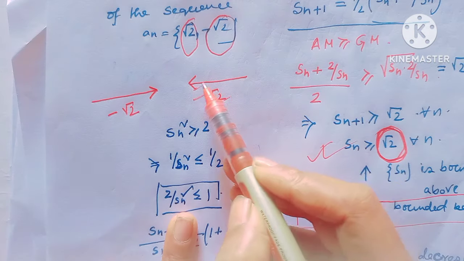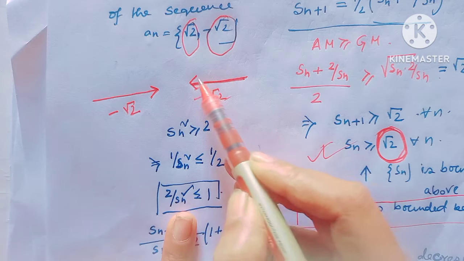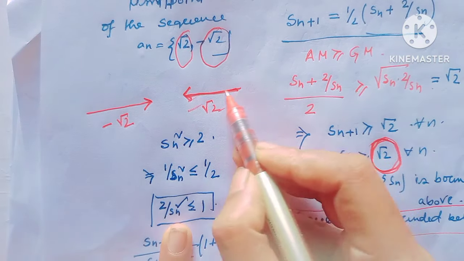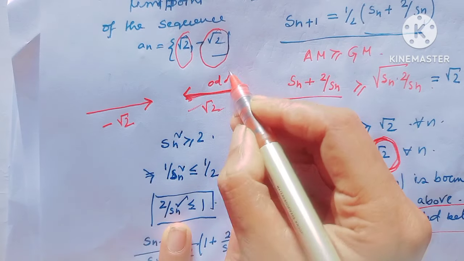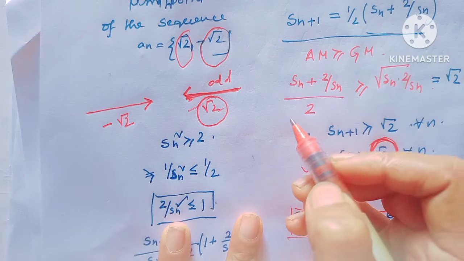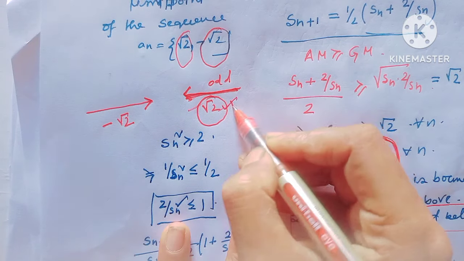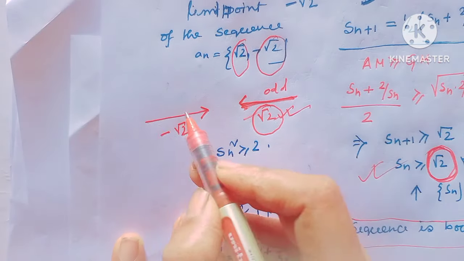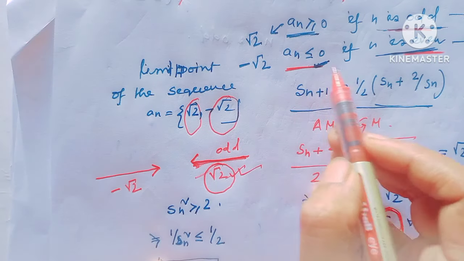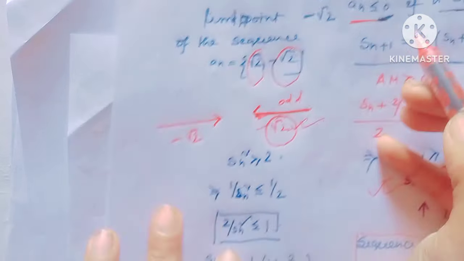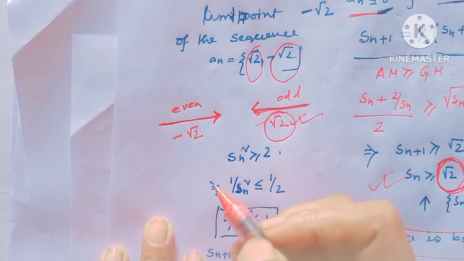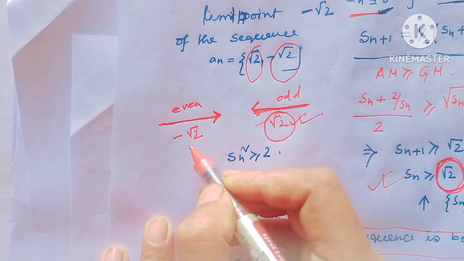When n is odd, the sequence is monotone decreasing and converges to the greatest lower bound square root of 2, and when n is even, then an is always less than or equal to 0. Then the sequence would be monotone increasing and converges to minus square root of 2.